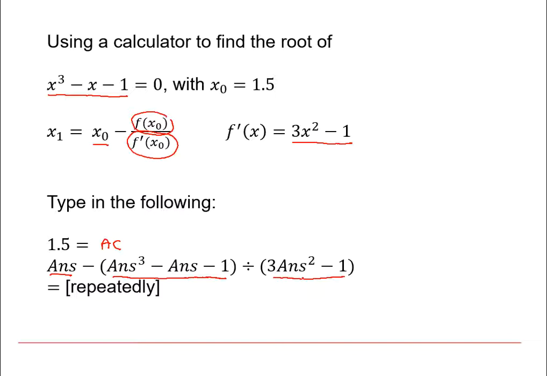Once you've typed that in, press equals once to get your next estimate, x1, and then repeatedly to get x2, x3, etc. You might like to pause the video and try that for yourself.